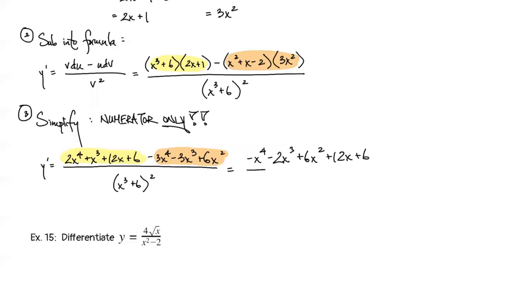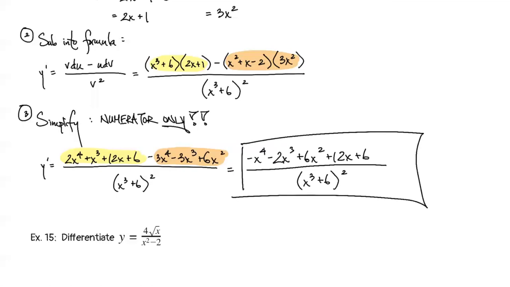I think that is what we should get when we clean up that numerator. And here's what I mean by don't simplify the denominator. I don't need you to FOIL this out. I promise you, you don't need your time to FOIL that out either. Leave that bottom as something squared, and that's it.